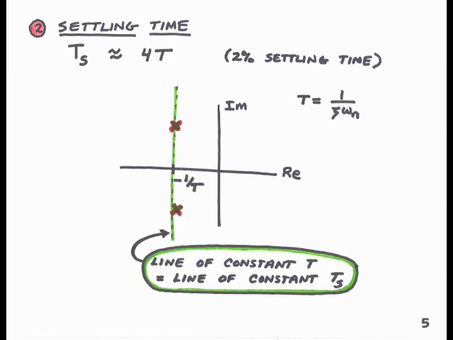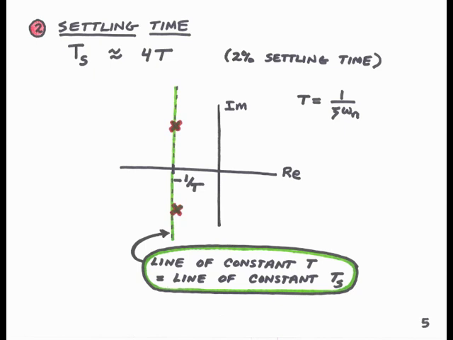Now let's turn our attention to our second transient response specification, that is settling time. Settling time is approximately equal to 4 times the time constant. And for a second order system, the time constant, capital T, is related to pole location in the following way. Capital T equals 1 over zeta times omega n.